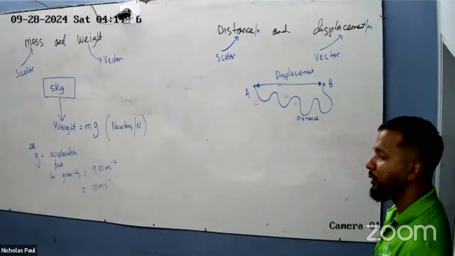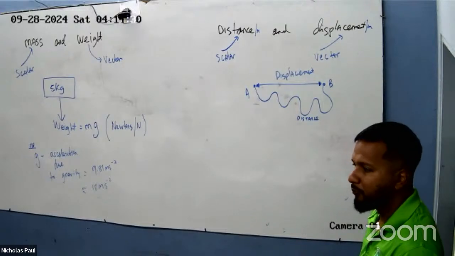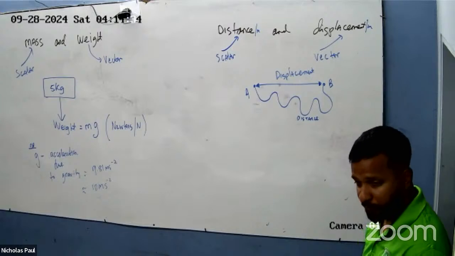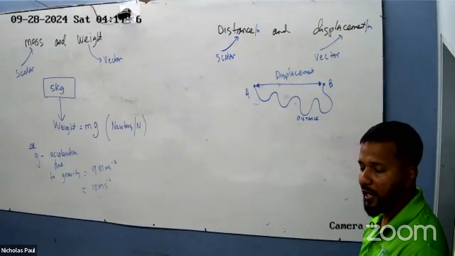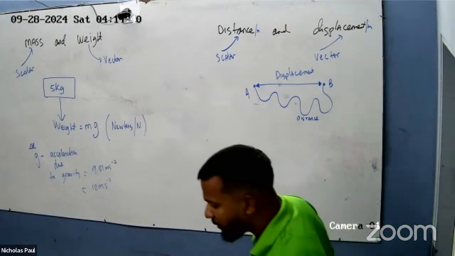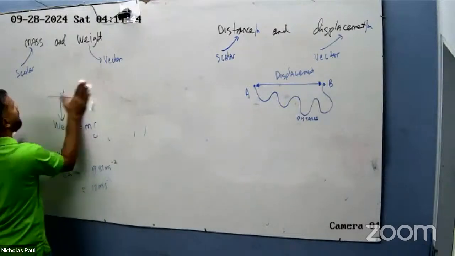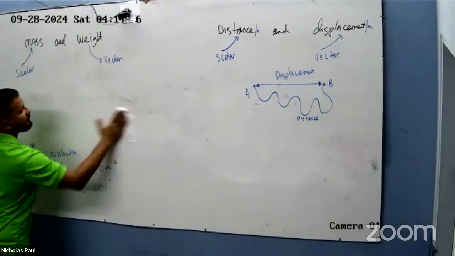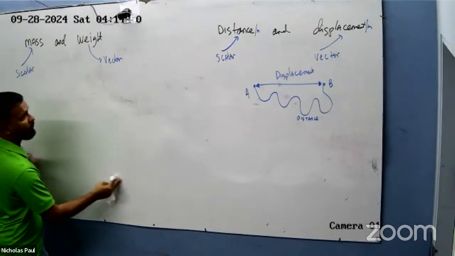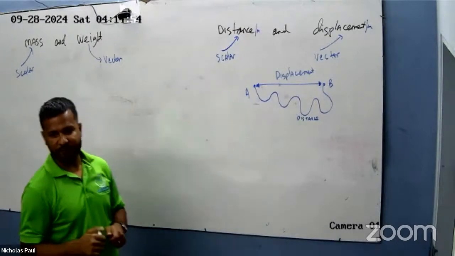Distance. The distance moved is the total length travelled by an object. SI unit, meters.